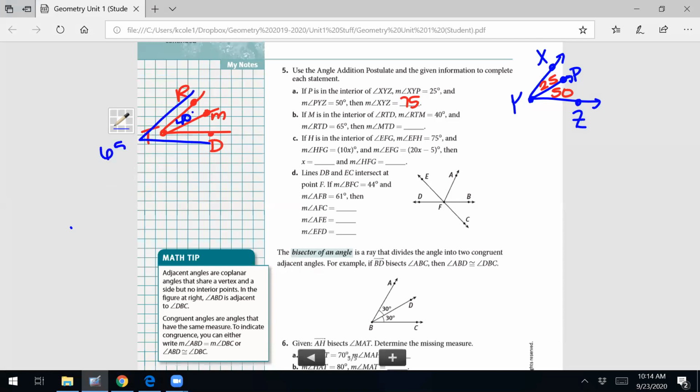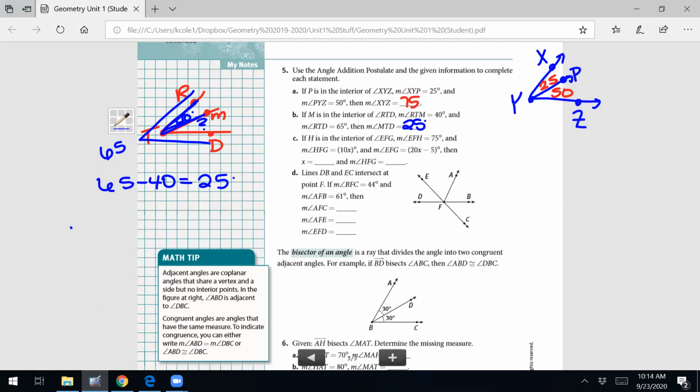How do we get this inside piece? You have to subtract, because you know this slice of pizza, but you don't know that slice. So you do 65 minus 40, which gives you 25 degrees.